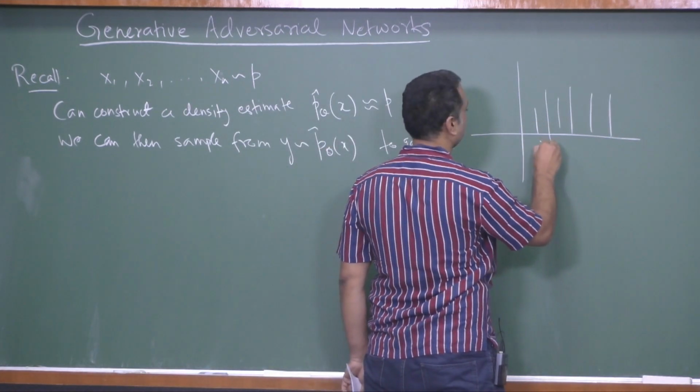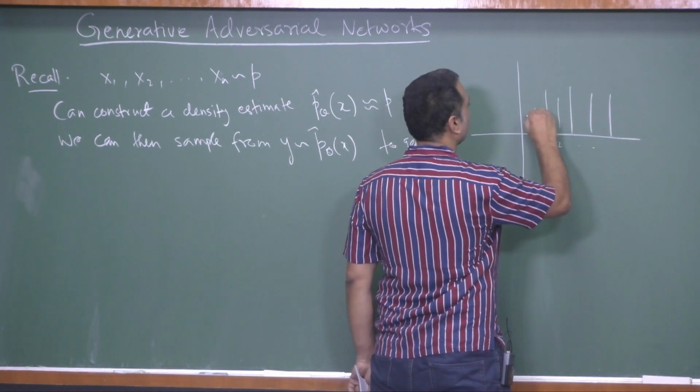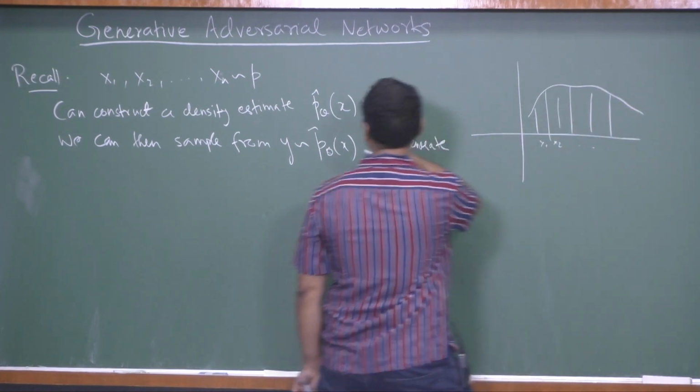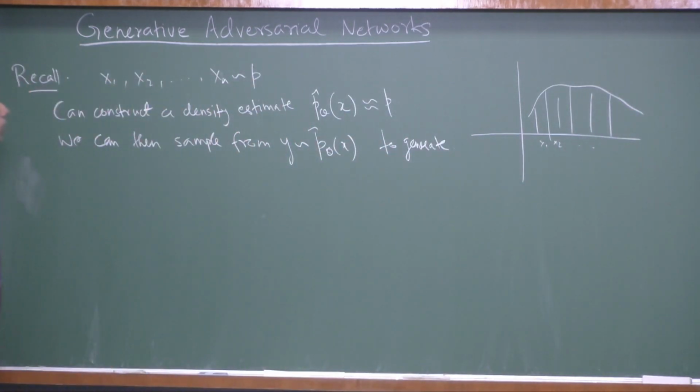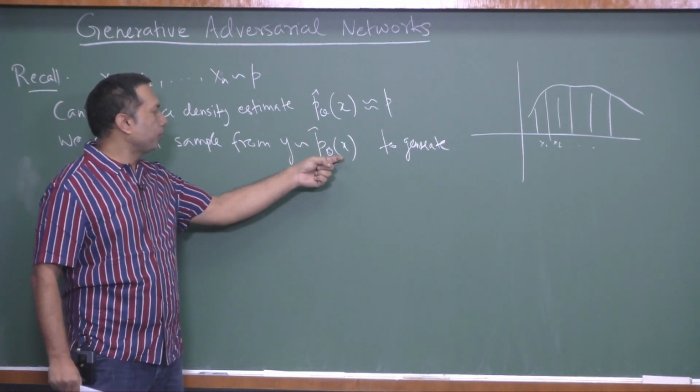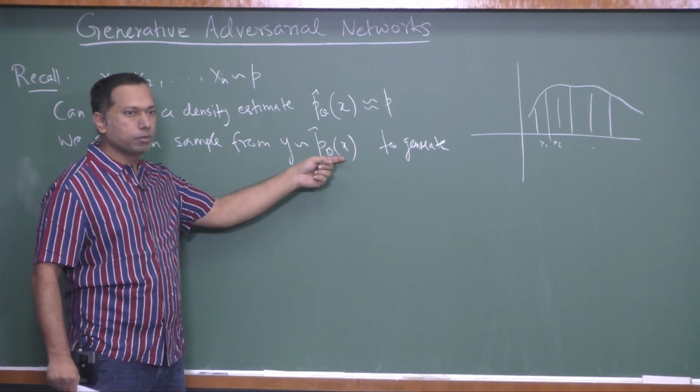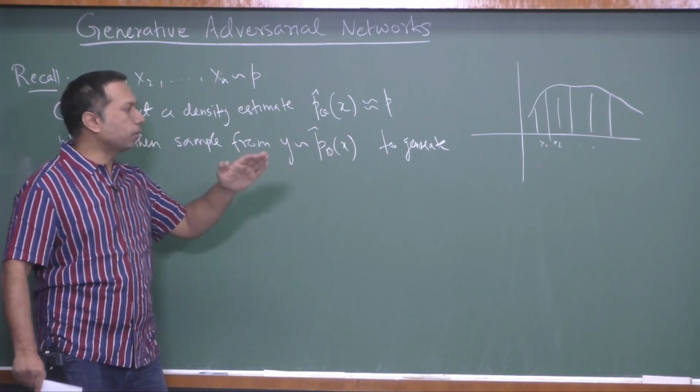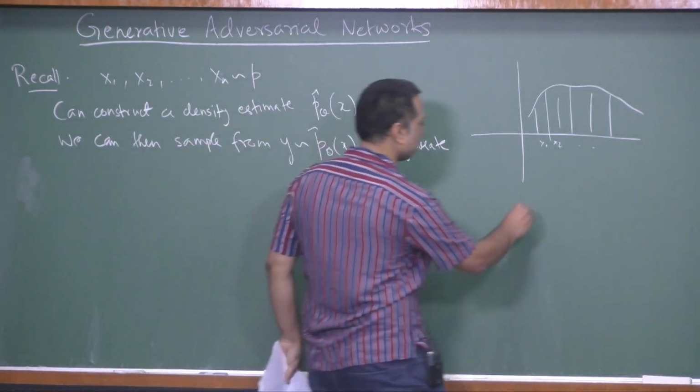So this is my x1, x2, and learning a p theta is like fitting the distribution, which in this case is a PDF, and we knew what the next steps to sample were. It's not just the PDF. The second step is when I convert this to a CDF.